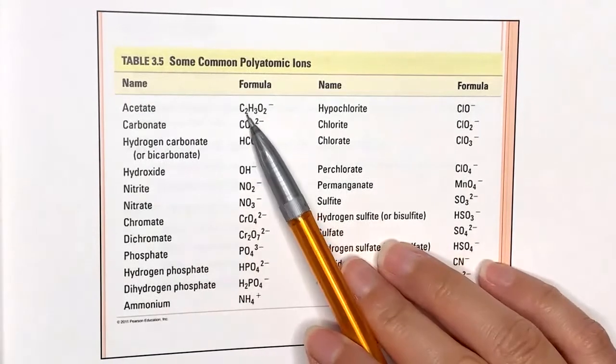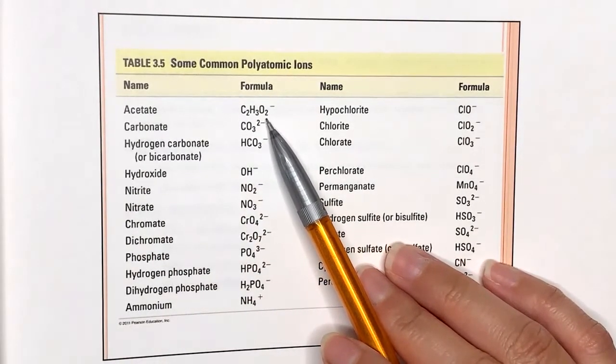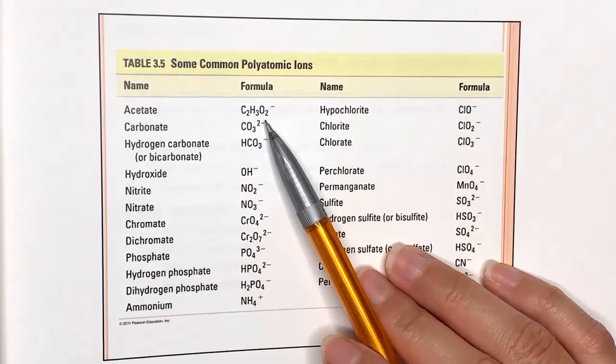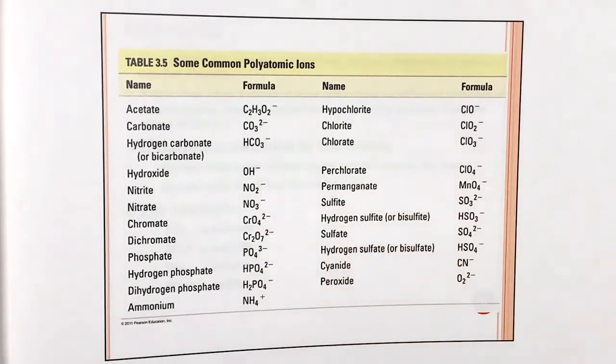Acetate is C2H3O2. Acetate is found in vinegar. Vinegar is acetic acid, and acetic acid actually part of the time exists as an acetate ion in partial modes, okay?